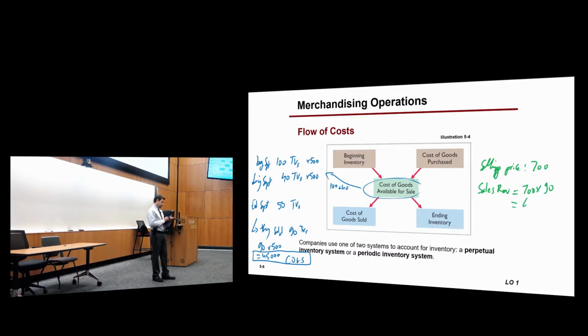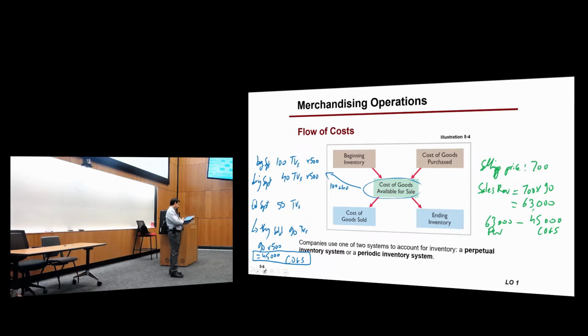Which is 63,000. In this case, this is when you calculate the difference between the two. You know that the gross profit in this case was 63,000 minus 45,000. This is the revenue, this is the expense. Okay? Do you guys understand the concept?